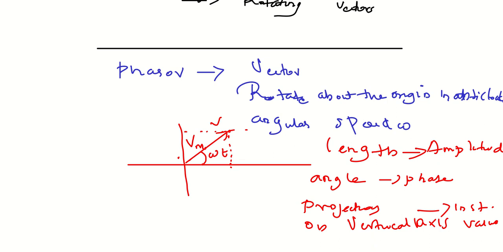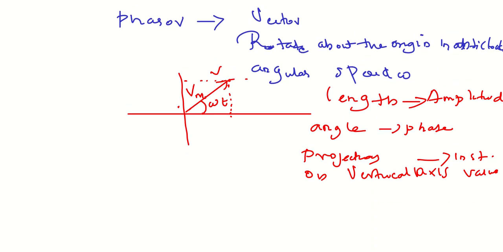The angle between two phasors gives the phase difference. If the diagram consists of two phasors, the angle between the two phasors represents the phase difference between the corresponding quantities. So the phasor is a new term to you.